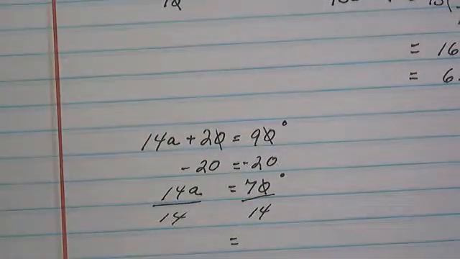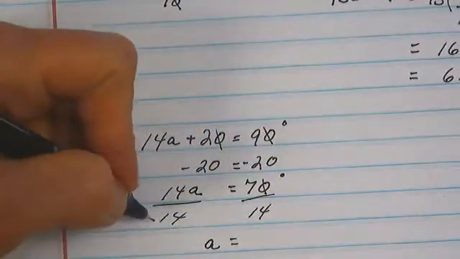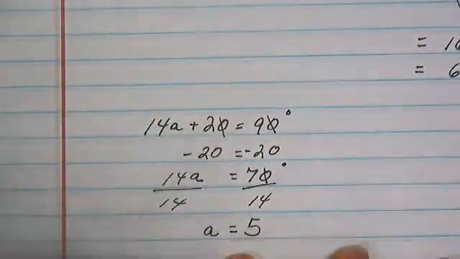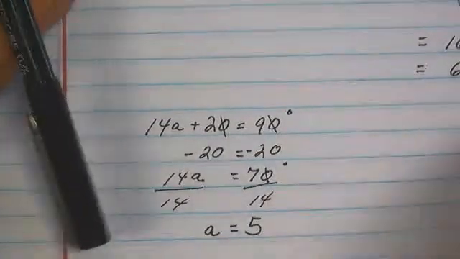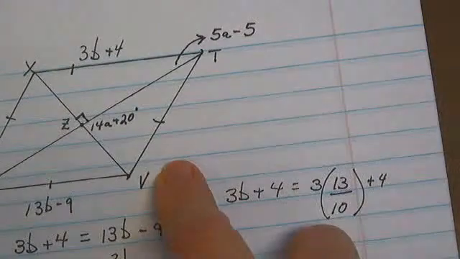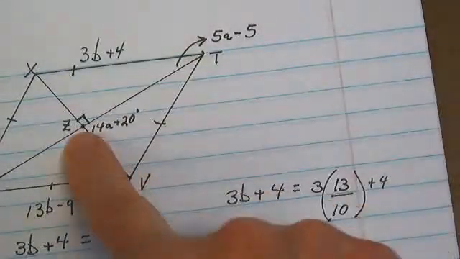and this gives me something very much nicer. 14 divided by 14 is 1, 70 divided by 14 is 5, a is equal to 5. What does that do for me? Well, I needed to find the measure of VTZ.